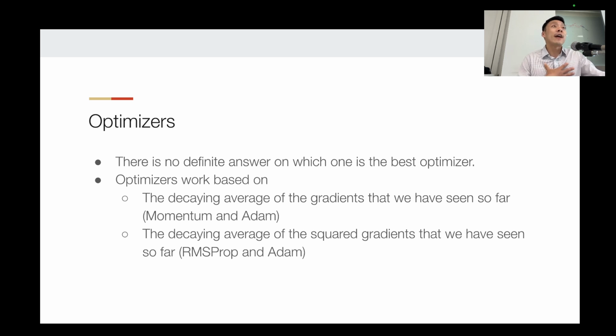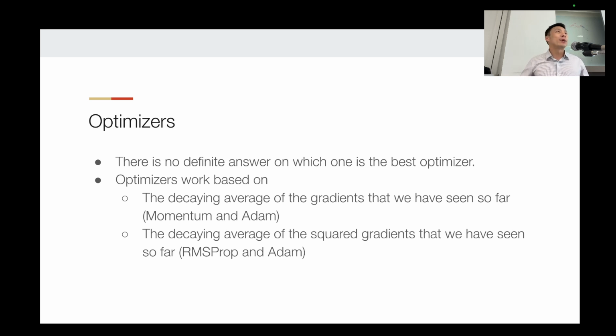Everyone has their own favorite optimizer. If you ask other professors or other AI engineers, they'll say, I like AdaGrad, or, people don't know that RMS prop is actually the best. For me, it's Adam, by the way, if you want to ask me.